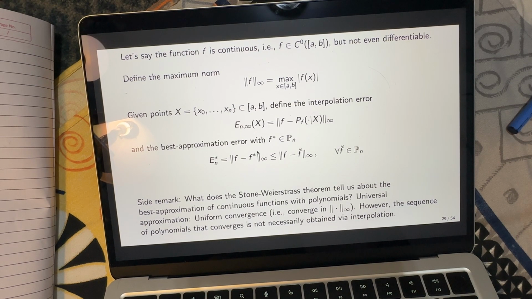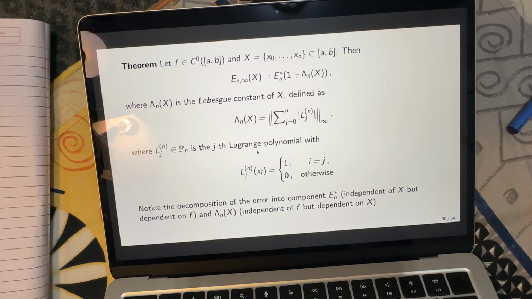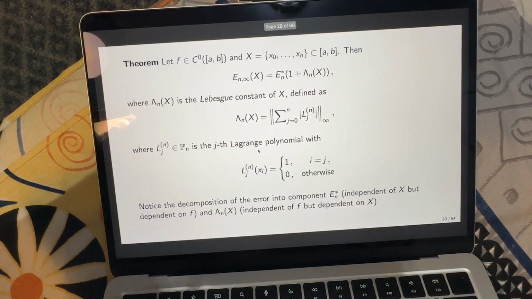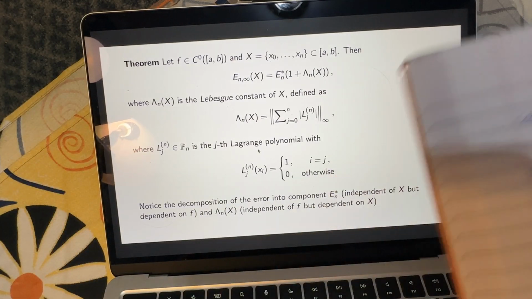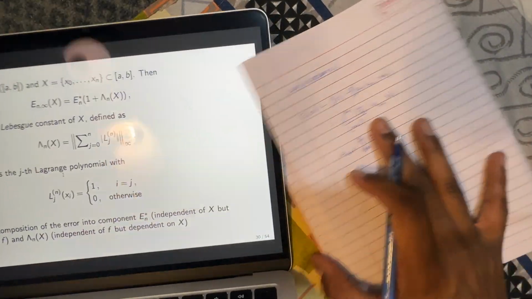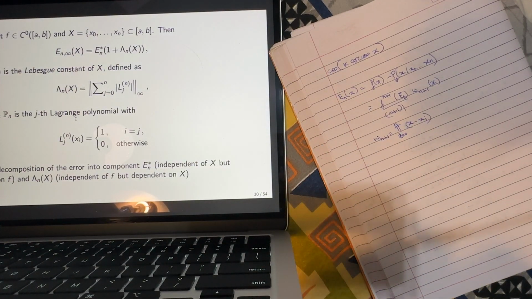However, the sequence of polynomials that converge is not necessarily obtained by interpolation. What they are saying is this is a theorem.